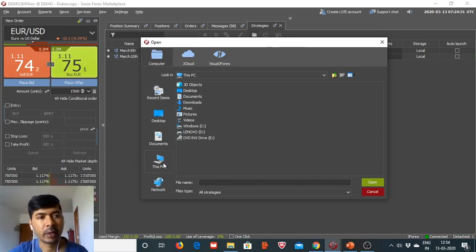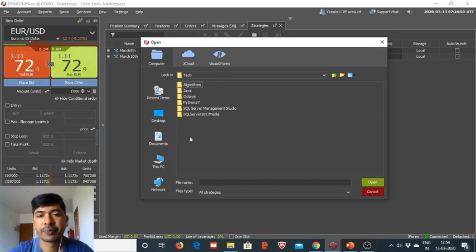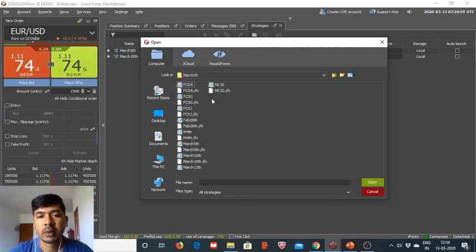The euro is pretty volatile. Just a couple of hours back, it was trading above 1.11, sorry, 1.12. Now again, it is back. Yesterday also, we saw pretty volatile movement. And first of all, we will need to compile the file.